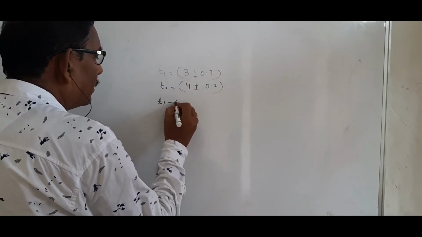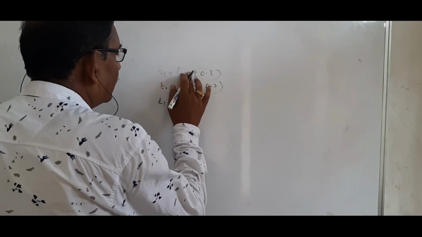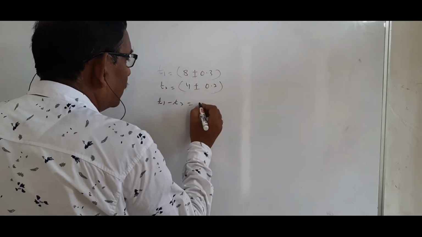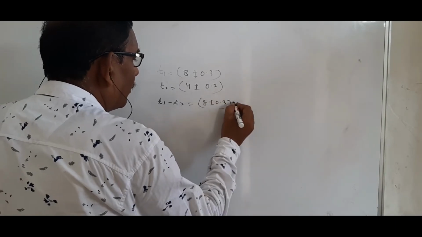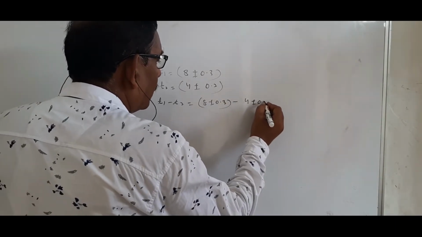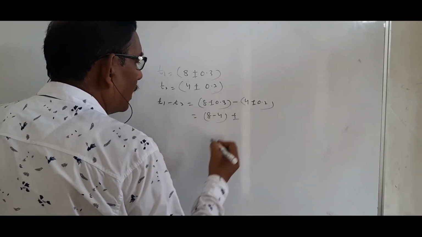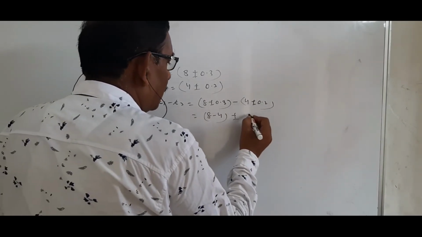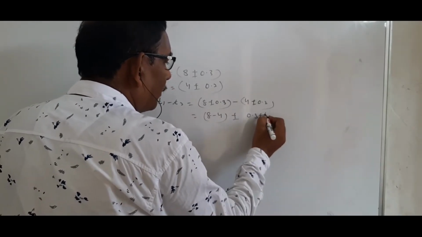So T1 minus T2, suppose that is 8 plus minus 0.3 minus 4 plus minus 0.2. 8 minus 4 plus minus 0.3, don't take the minus sign, 0.3 plus 0.2.